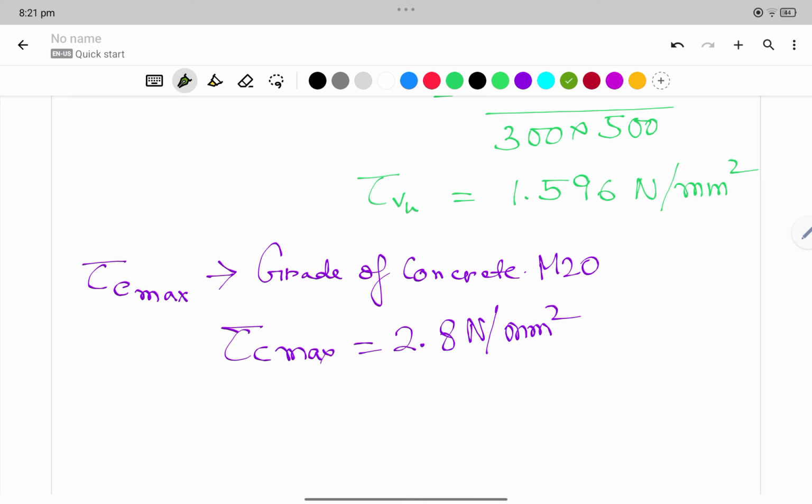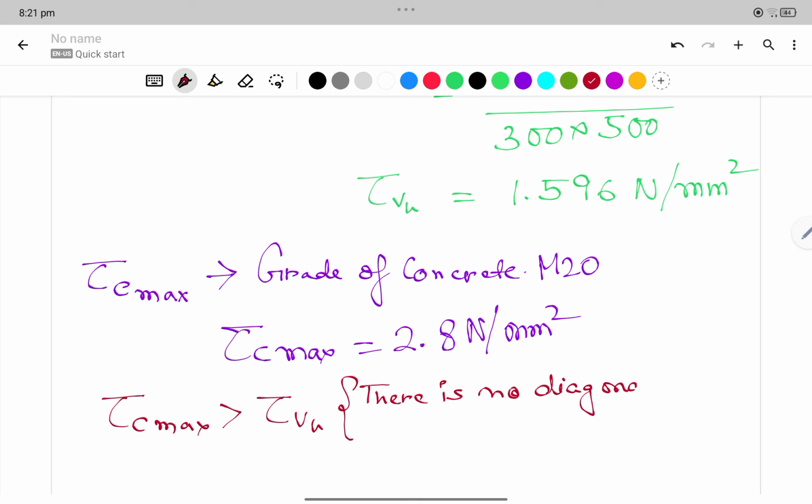So we can conclude that tau c max is greater than tau v, the nominal shear stress. So there is no diagonal compression failure.